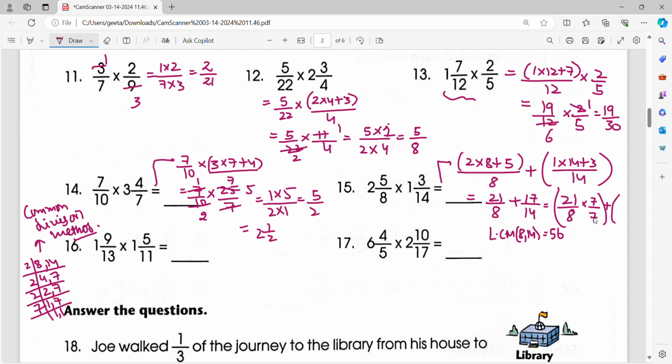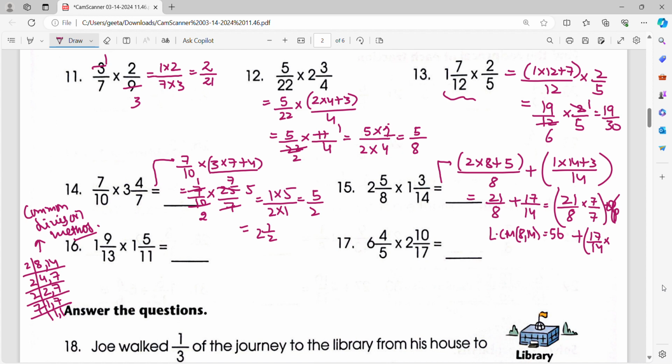Okay. And here I am writing it at the bottom. Next is 17 by 14. By what number will I multiply 14 so that it becomes 56? You know table of 14.